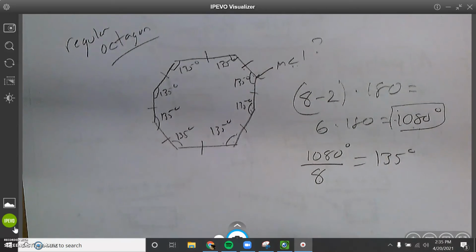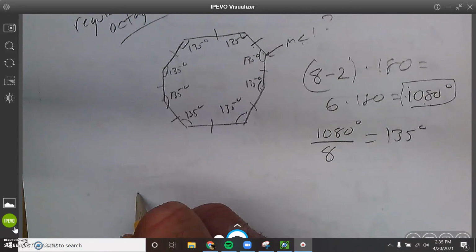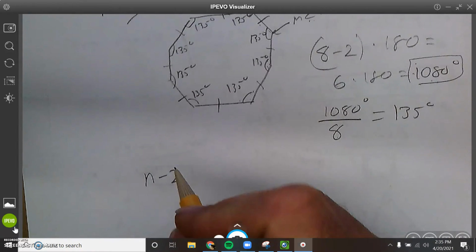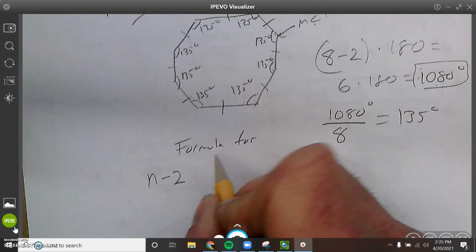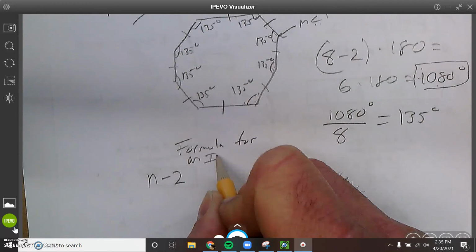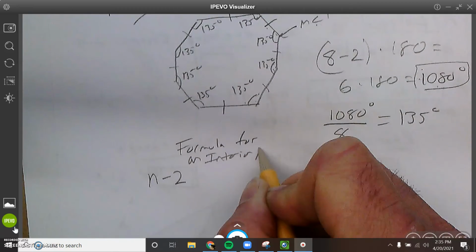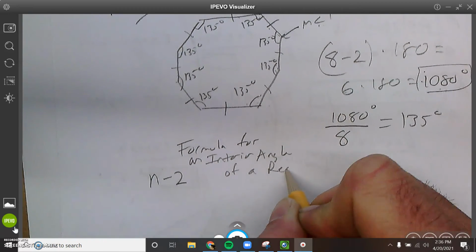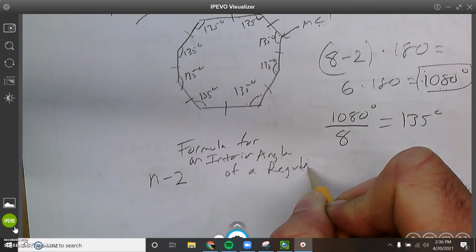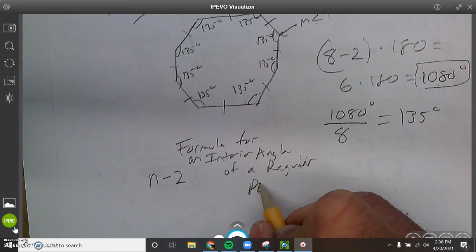There we go. A little shortcut to this would be this. So we have n minus 2, formula for an interior angle of a regular polygon.